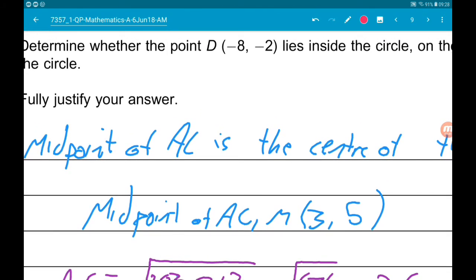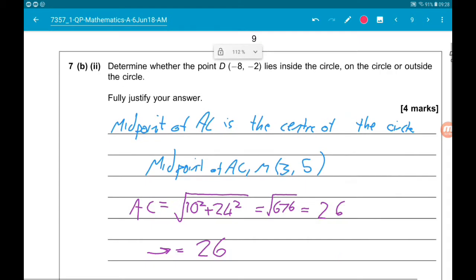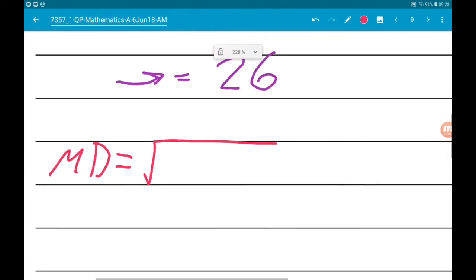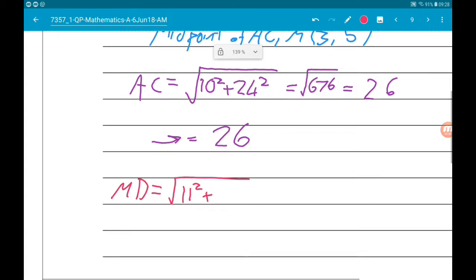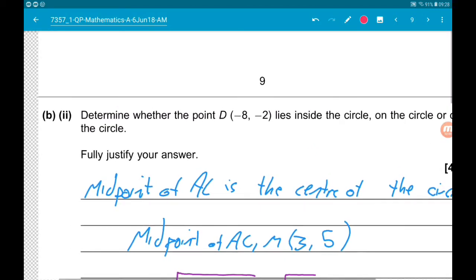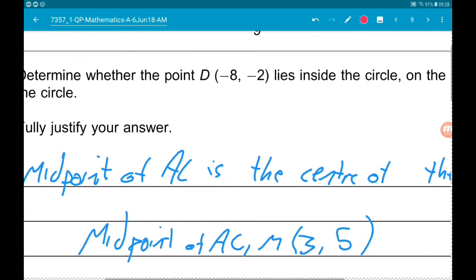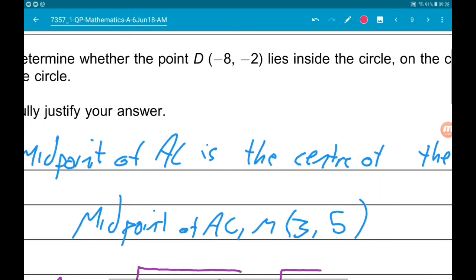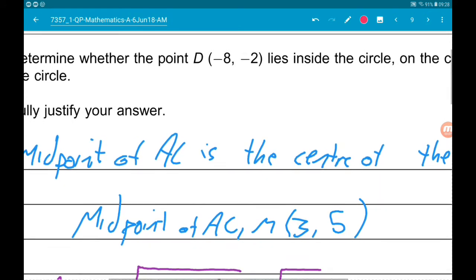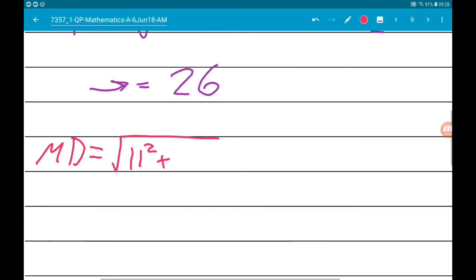So the distance between the x coordinates is 11, and the distance between the y coordinates, between -2 and 5, is 7.